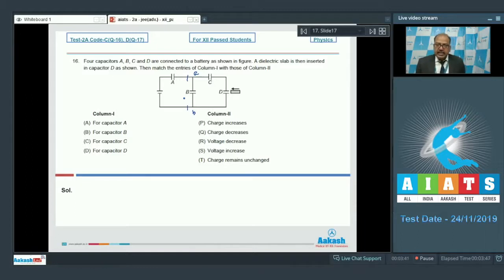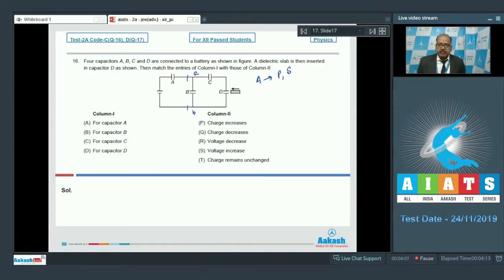And so for A, charge will increase, and if charge on A is increased, the potential difference across A will also increase. So for capacitor A, charge increases, so P is the correct match, Q is not, and voltage increases, so S is also a correct match. So for A, P and S will match.